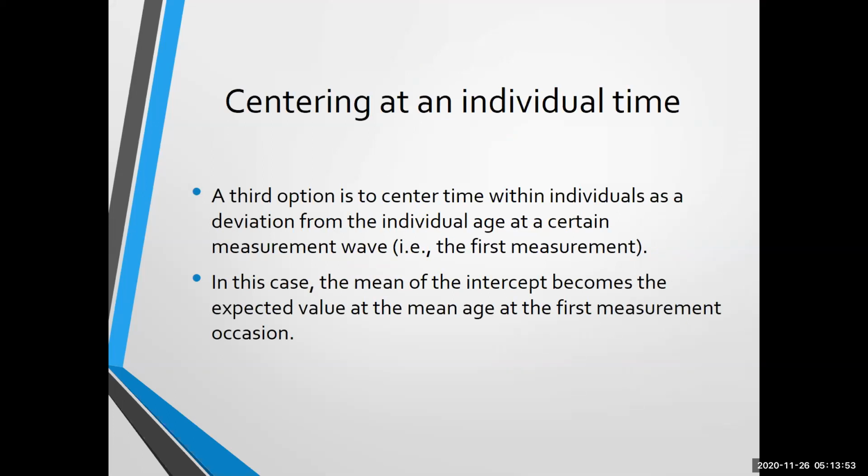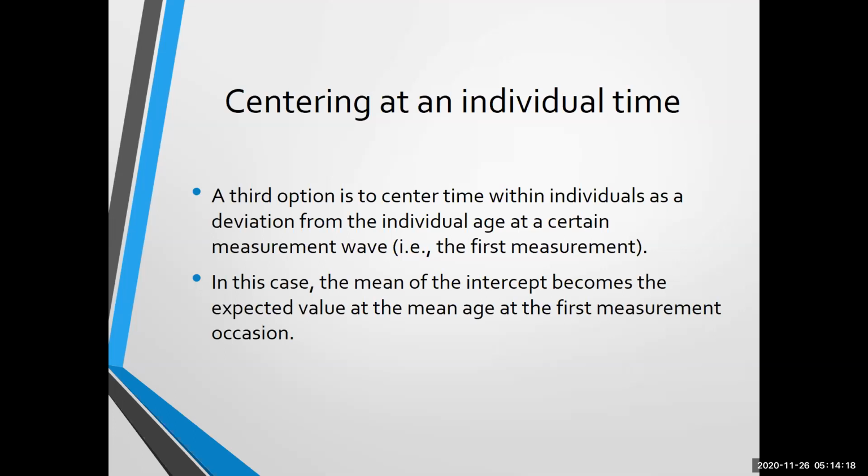Now you can center at the individual time. So let's say in my study of early childhood education, the children receive an intervention at some point and they have different ages at that intervention, right?